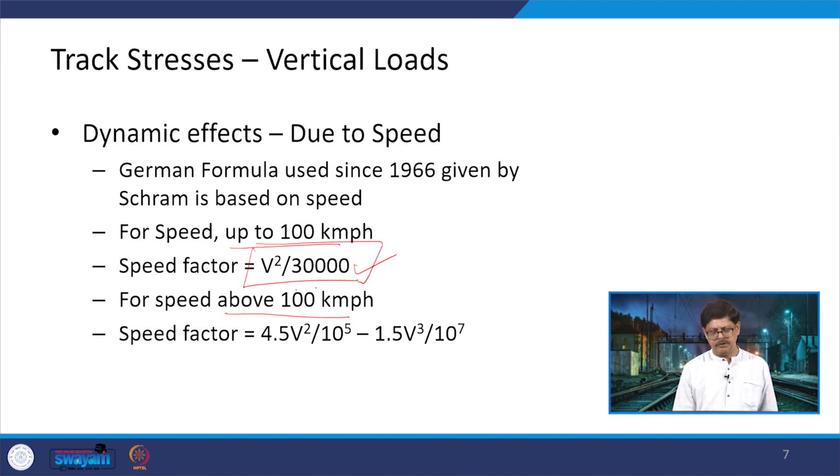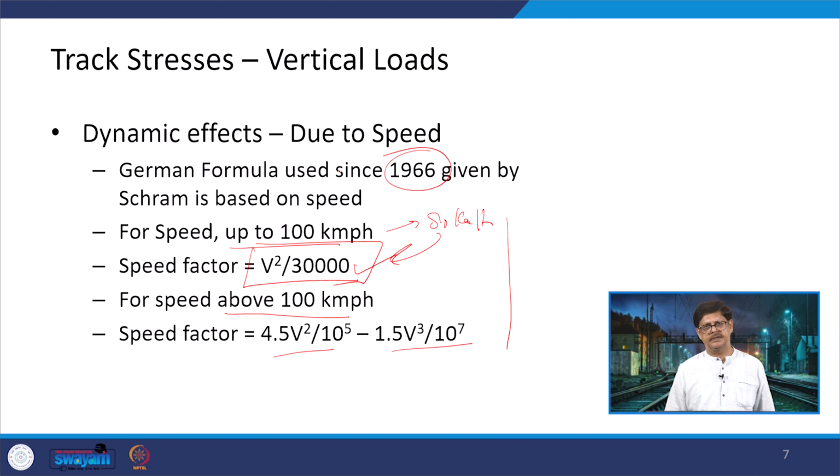Say if the speed is given as 80 kilometers per hour, then we are going to use this formula. But if it is above 100 kilometers per hour, then the speed factor has two components: one is 4.5 V square divided by 10 raised to the power 5 and the other is 1.5 V cube divided by 10 raised to the power 7, and the difference of these two is considered as the speed factor or impact factor. So, this is a change which has been introduced in 1966.